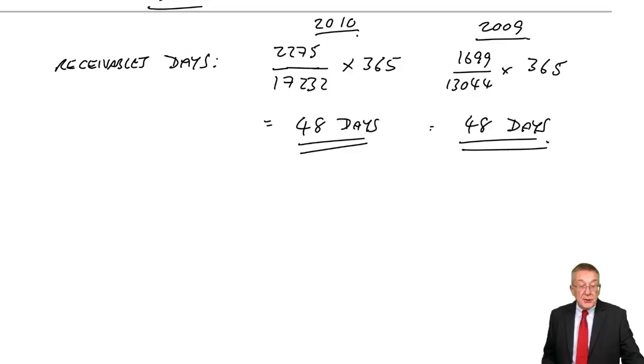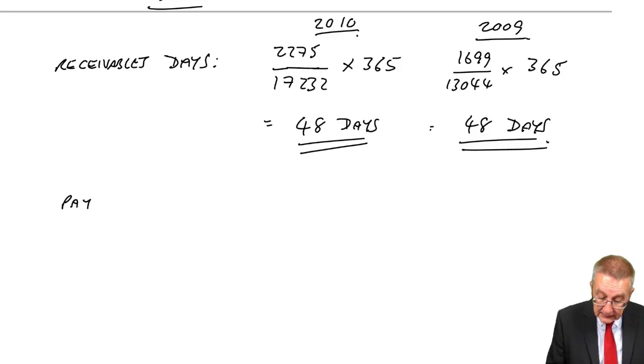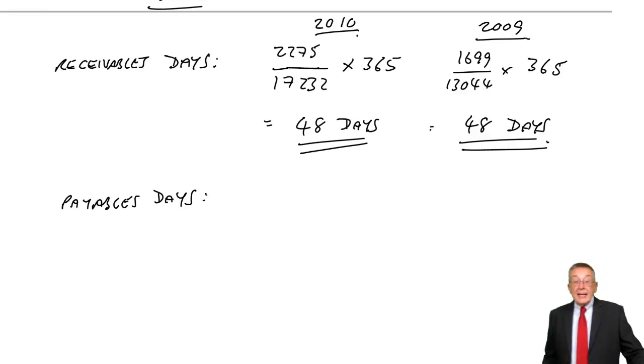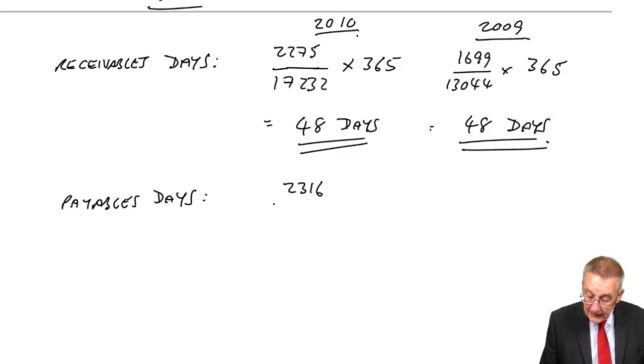Well, in exactly the same sort of way, for the same sort of reason, let's look at the average payment period, or the payables days. And exactly the same sort of logic, that for payables days, the payables in 2010 are 2316.